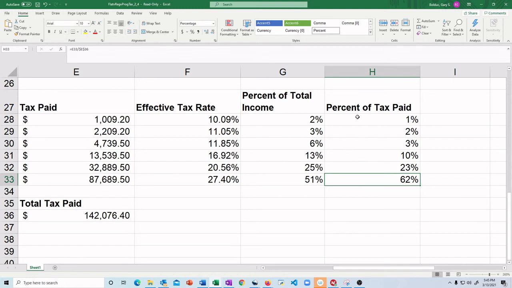So you see what's happening here, and you can see the possible pros and cons to something like this. The person who makes 2% of all the income in the town, they have the smallest piece of the income pie of the town. They actually only pay 1% of the income tax.